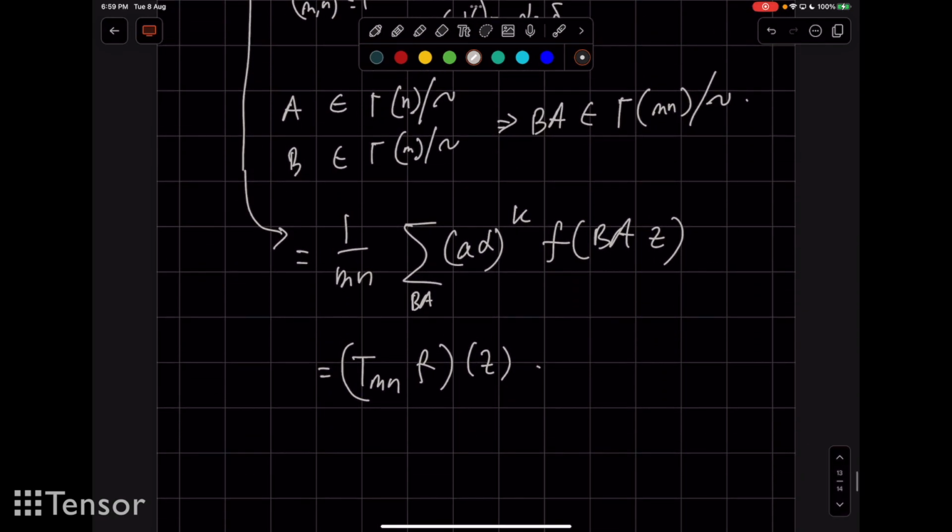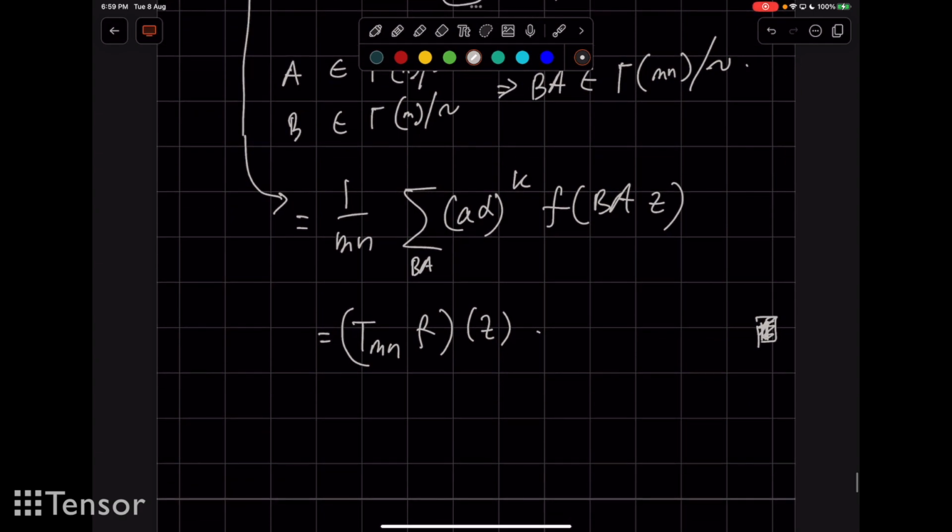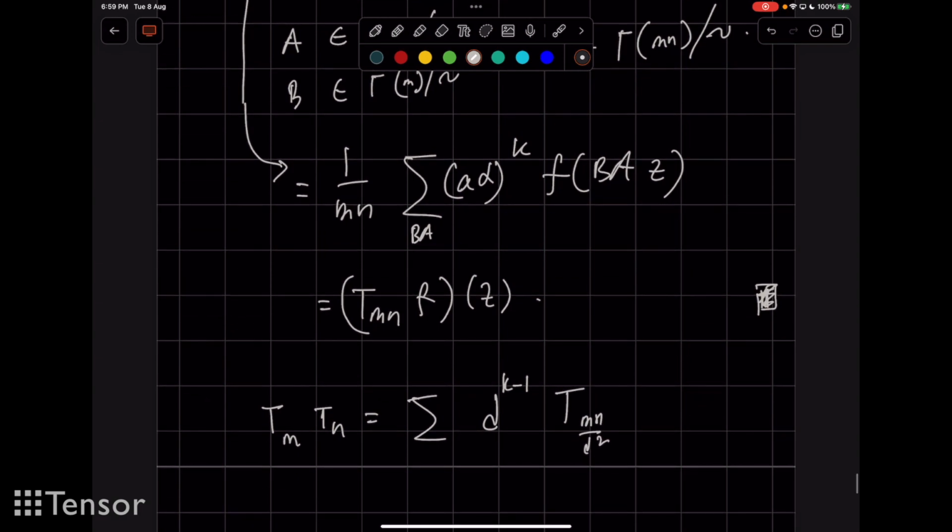And it has a really interesting continuation of what happens if m and n are not co-prime. I'm just writing the formula. T_m T_n is equal to a sum of d to the power k minus 1 times T_(mn/d²), where d divides... can you guess what d divides?